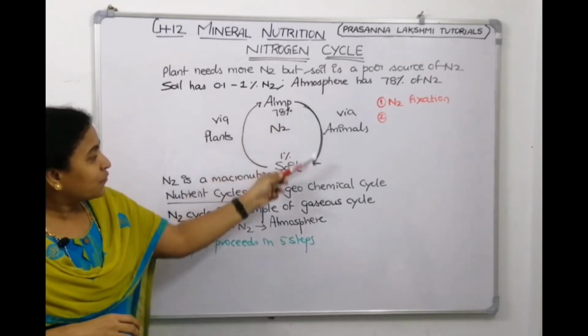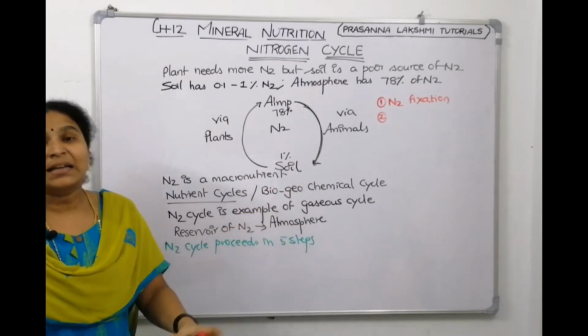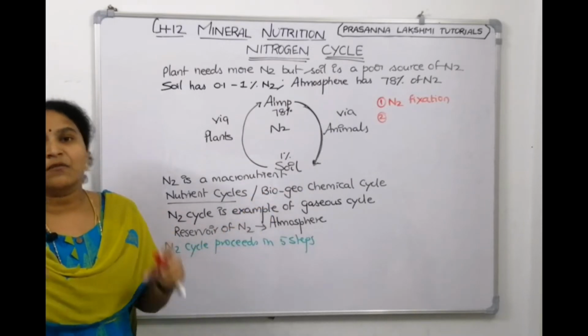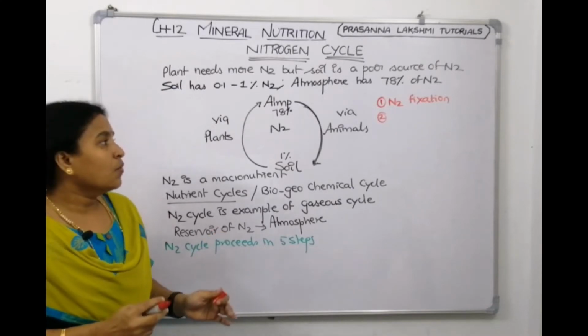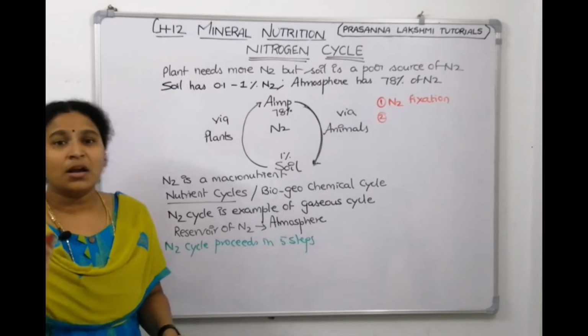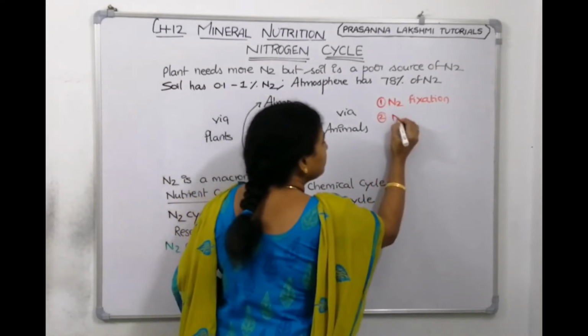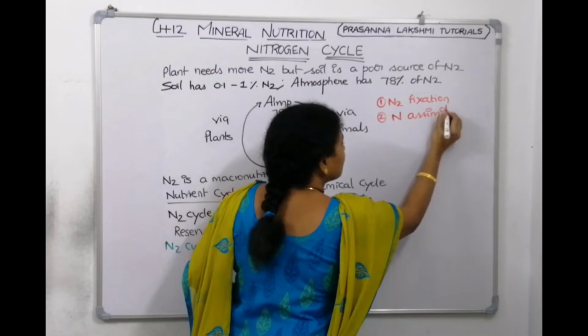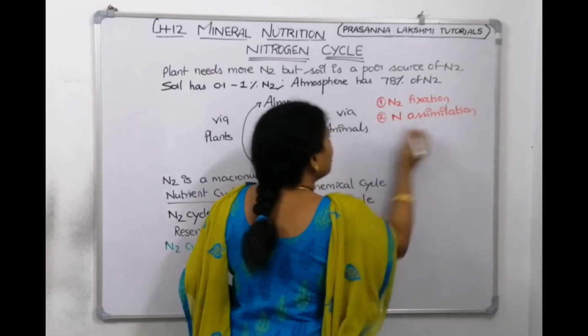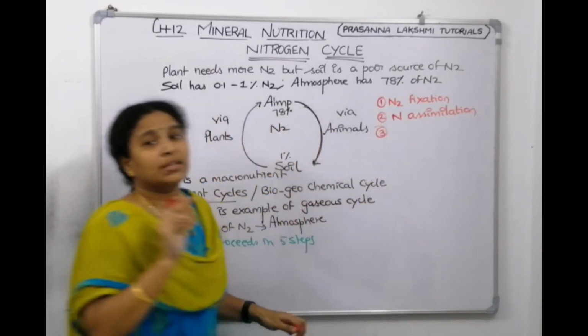Now when that nitrogen gets fixed in the soil, plants start taking that nitrogen in the form of nitrates. What is that called? The second step is called nitrogen assimilation. Nitrogen assimilation means using that nitrogen and storing that nitrogen.